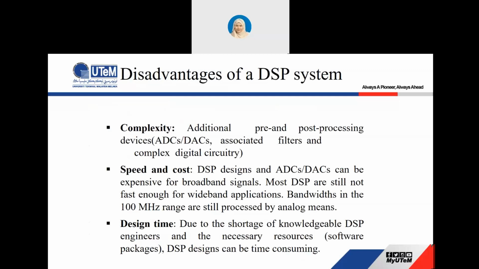And then next is the complexity. Additional pre and post processing devices may be needed to reduce the complexity. And then speed and cost. So in DSP, the speed is also an issue, not only the accuracy.